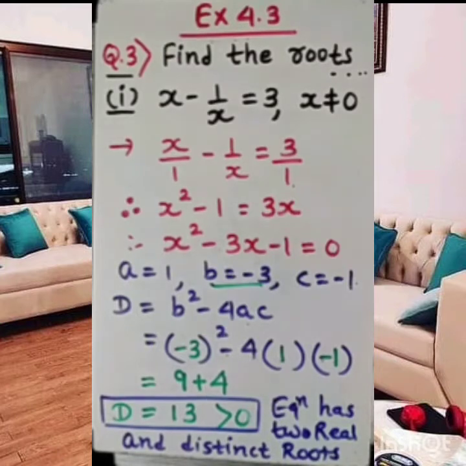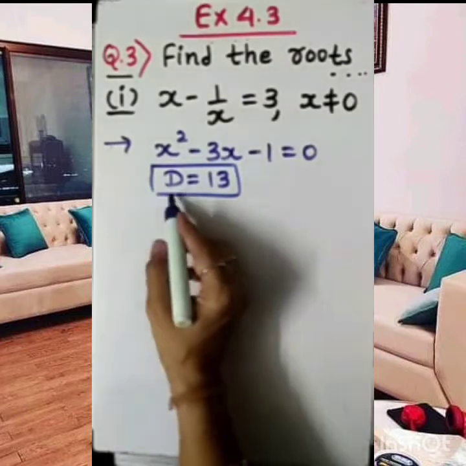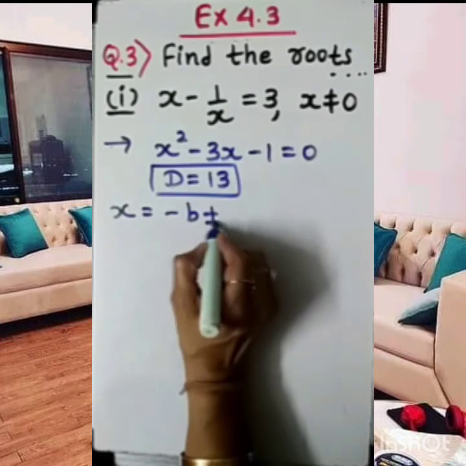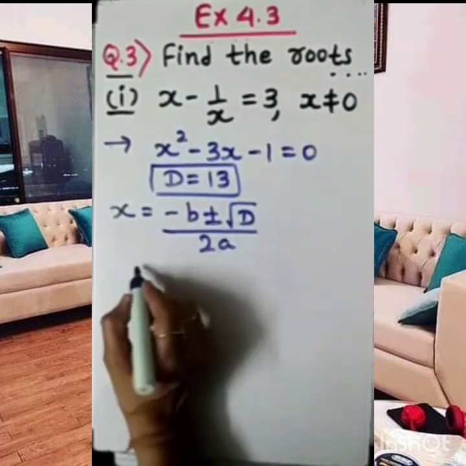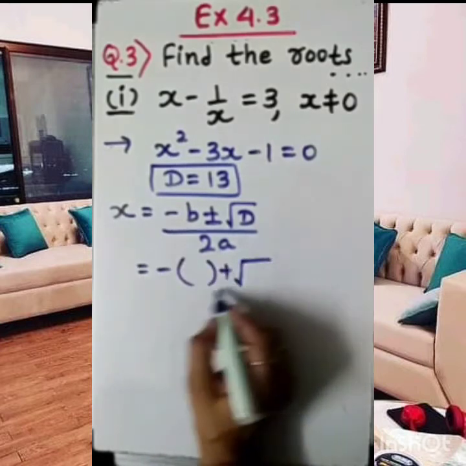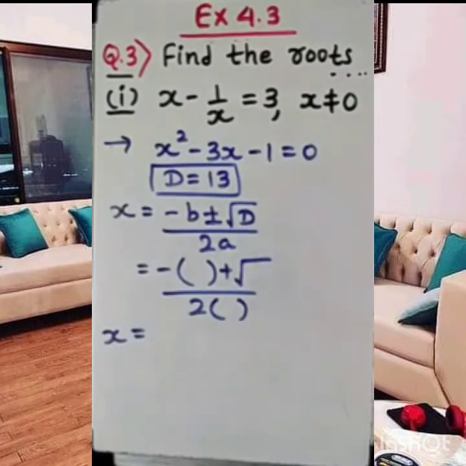Now let's work out the roots. So let's begin. Here the equation is x square minus 3x minus 1 equal to 0. The value of d equal to 13 we have already found. Let's apply the quadratic formula: x equal to minus b plus or minus under root of d upon 2a. Now in this I am going to substitute the values. What is b here?